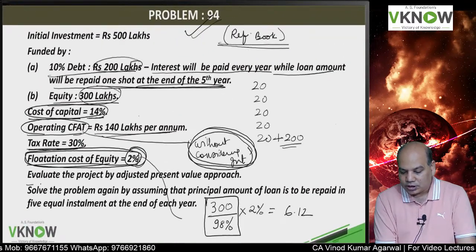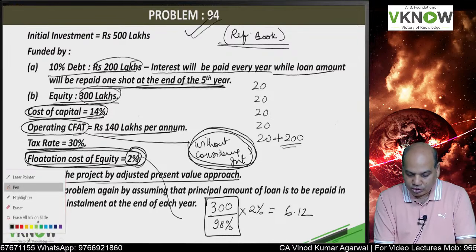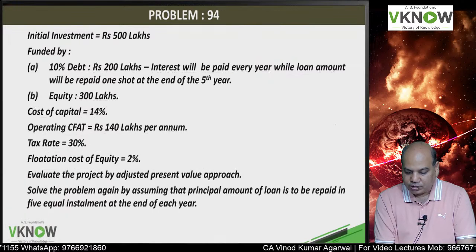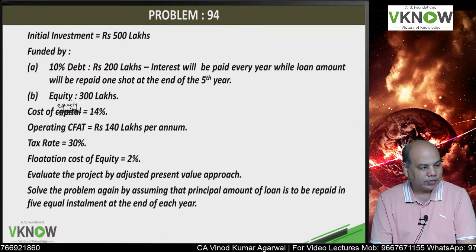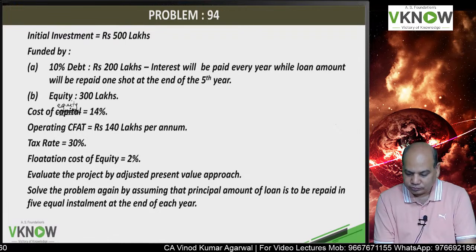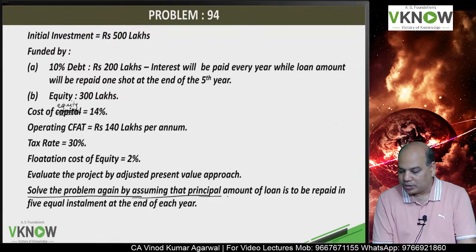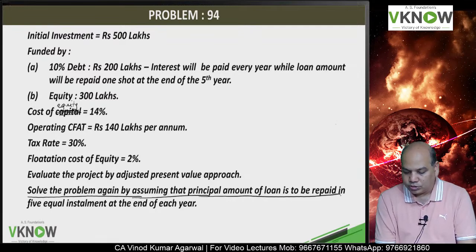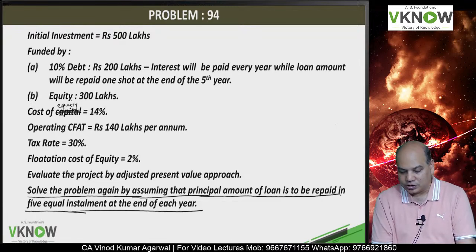The problem says evaluate the project by the adjusted PV approach. Just make a small change here in the problem. Write down cost of equity instead of cost of capital. Solve the problem again by assuming that the principal amount of the loan is to be repaid in 5 equal installments at the end of each year.